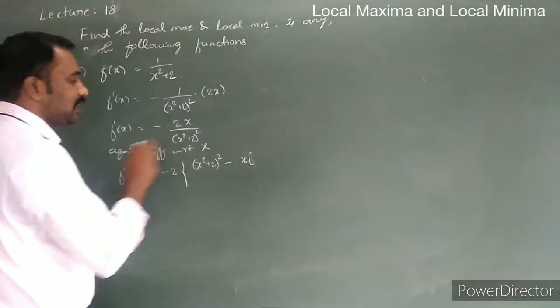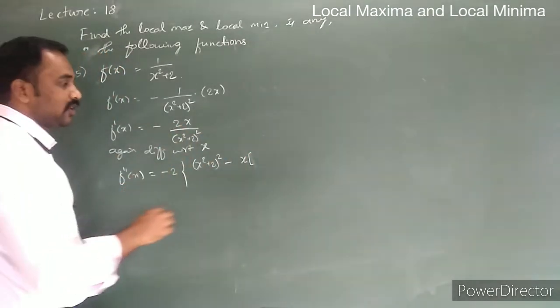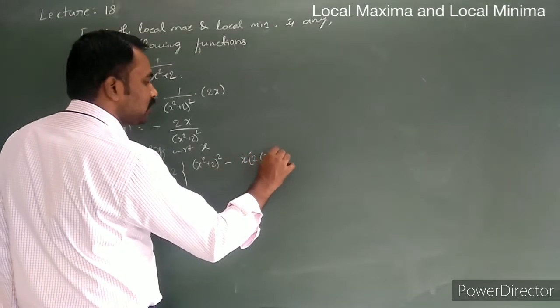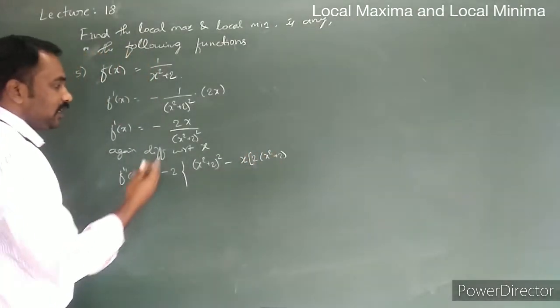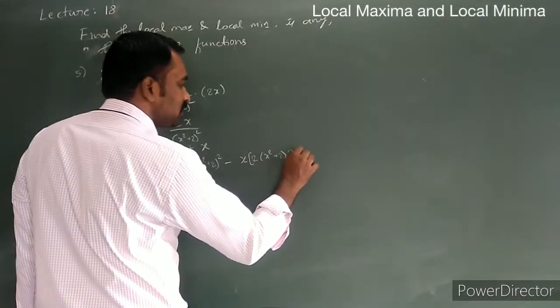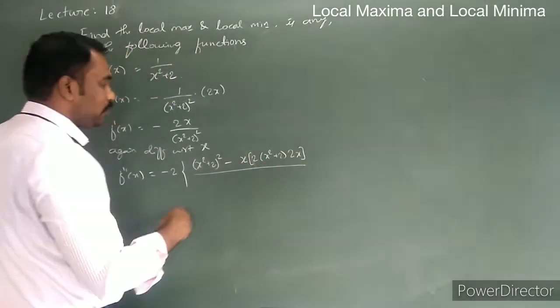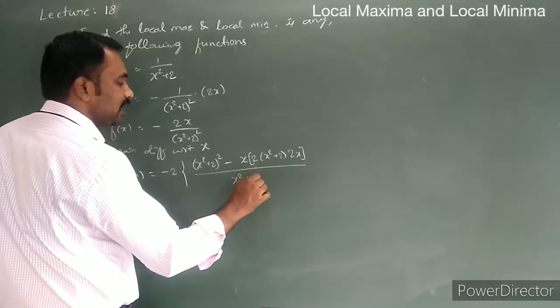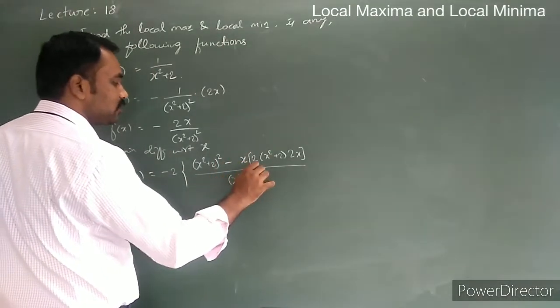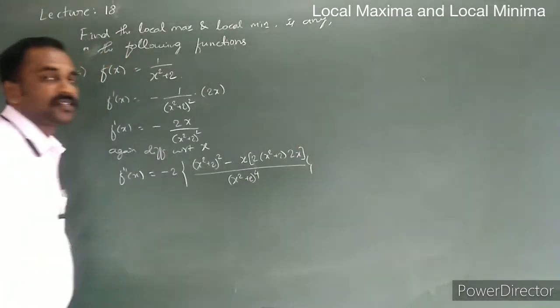What is the v dash? The denominator differentiation: whole square is 2 into x square plus 2 into the differentiation of x square plus 2, which is 2x. Divided by v square, which is x square plus 2 whole square, that whole square is whole power 4.